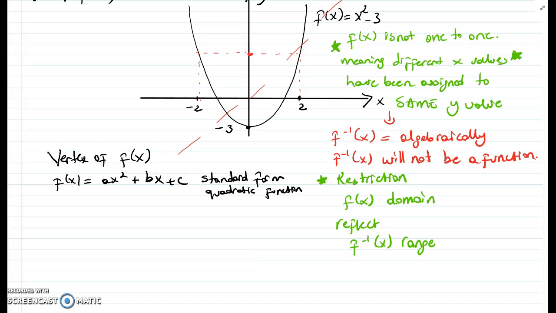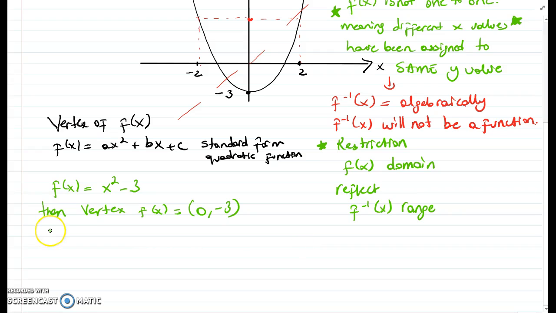So our f of x is x squared minus 3, then the vertex of our f of x will be equal to 0, negative 3.